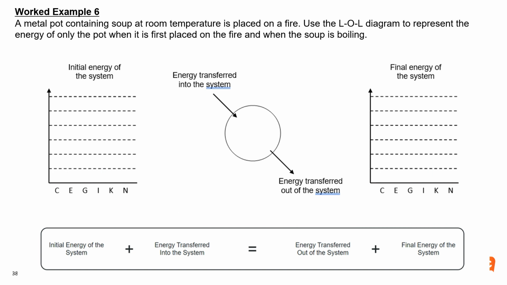Worked example 6, we've got a metal pot, and there is soup at room temperature placed on the fire. So we look at when it's first placed on a fire and when the soup is boiling. There is no movement here, there is no nuclear as well.